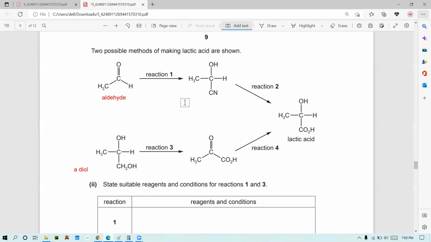And this aldehyde goes to this compound, hydroxynitrile. We call it hydroxynitrile because it has hydroxyl group and nitrile group also. CN means nitrile group. OH means alcohol group.